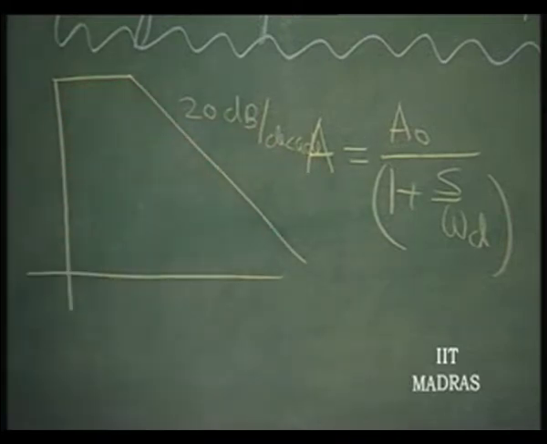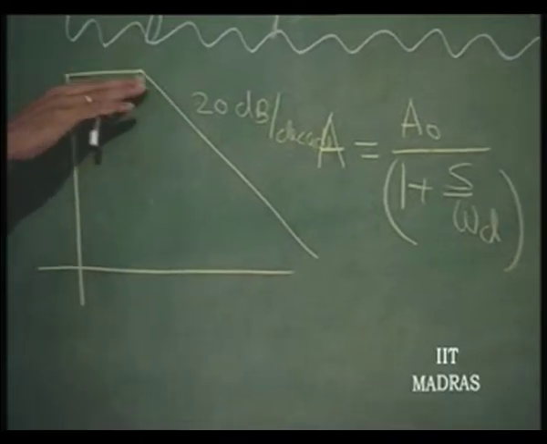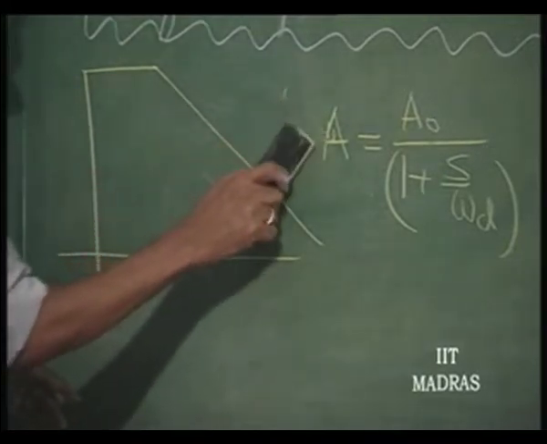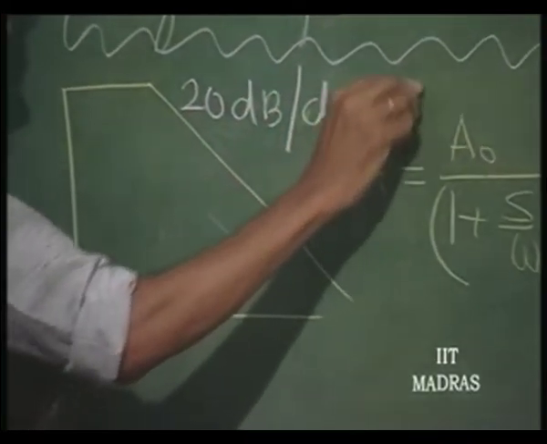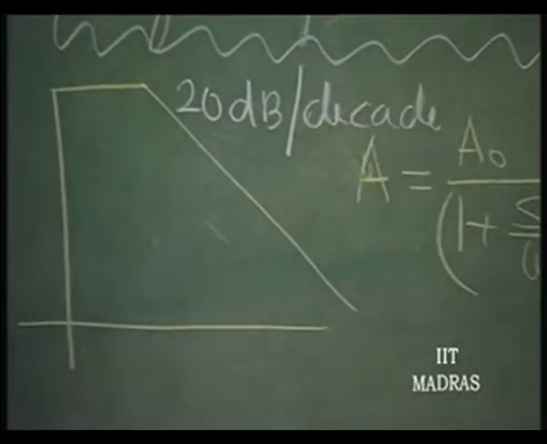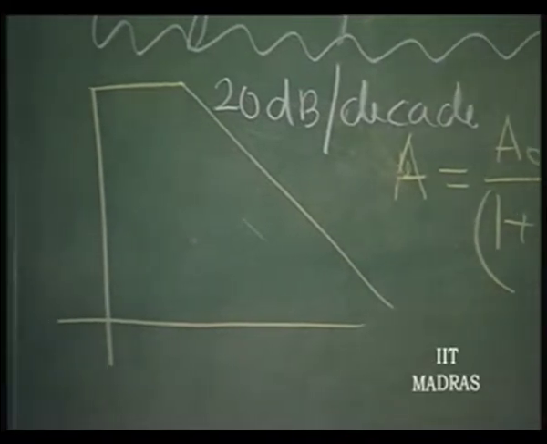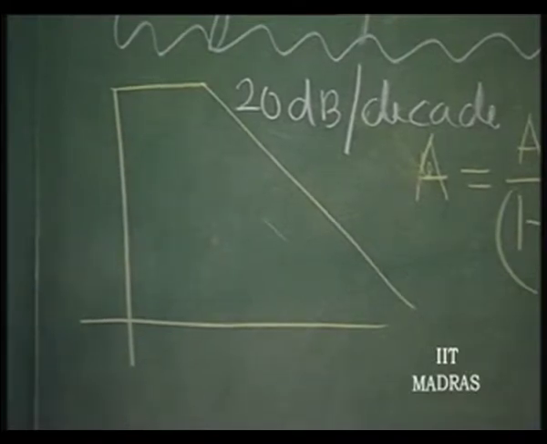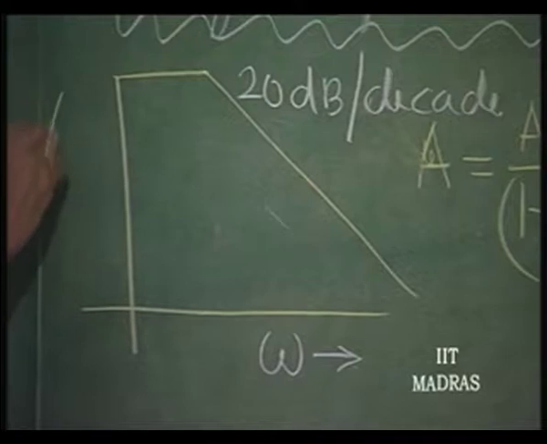So, this is the rate of fall. This is what is called Bode's plot. It starts with a gain of A naught going at 20 decibels per decade because of a single pole. If a second pole comes into picture, it will start dropping off at 40 decibels per decade. If a third pole comes into picture, it will drop off at 60 decibels per decade. That is why. This is omega versus the magnitude of A.